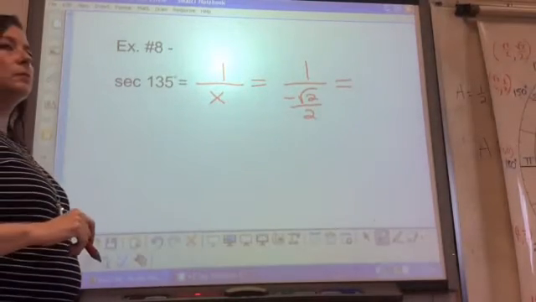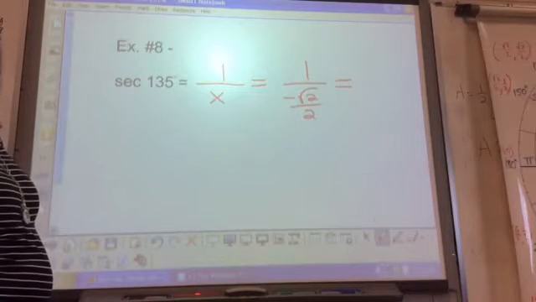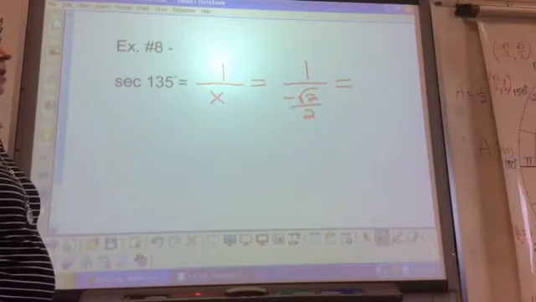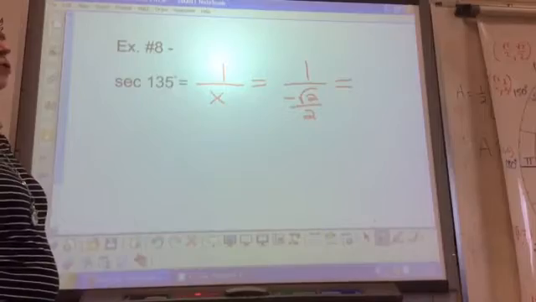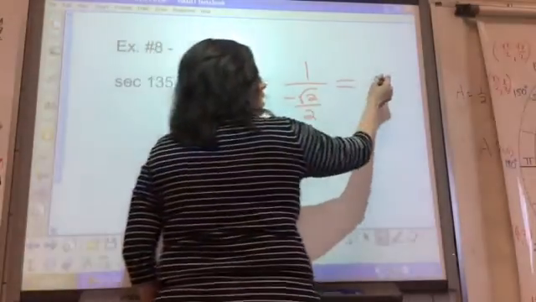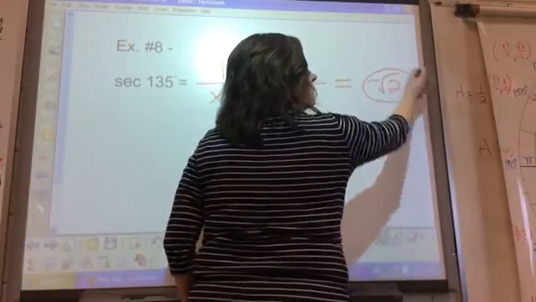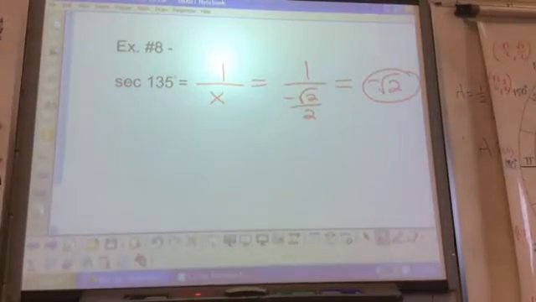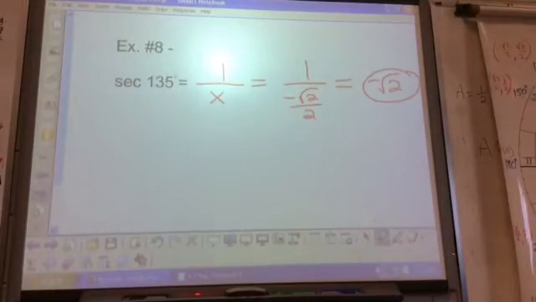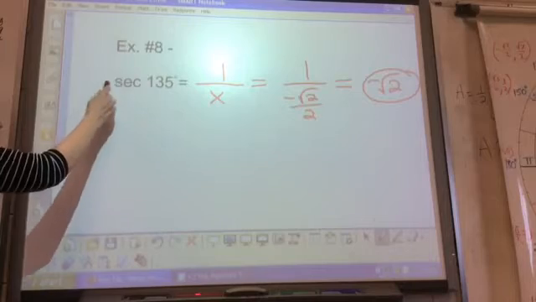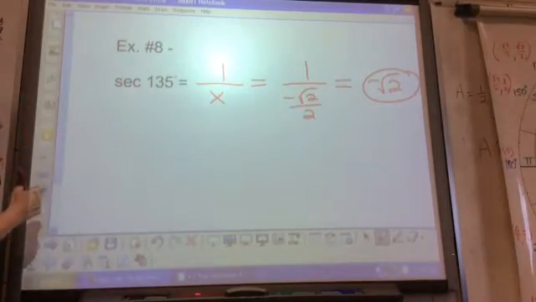Negative square root of 2. Make sure that works. Main thing, y'all are going to have to just keep looking back at what is secant equals what. You just got to get that in your brain.